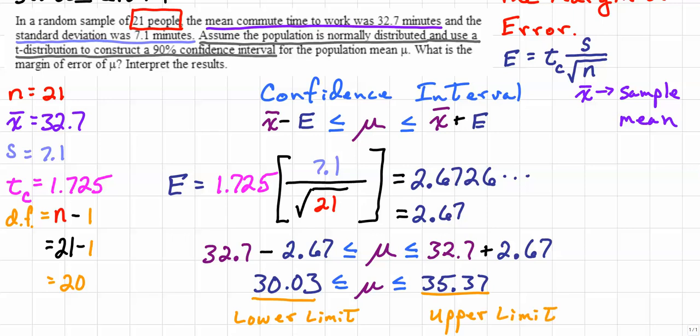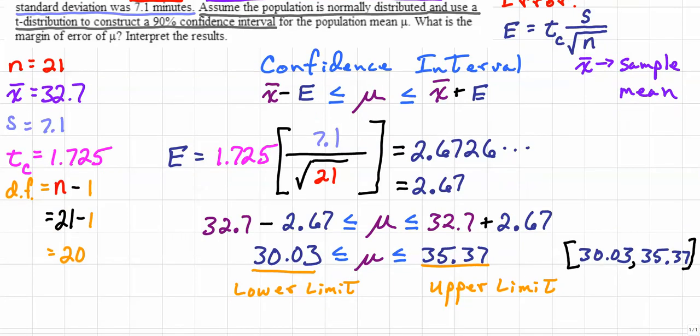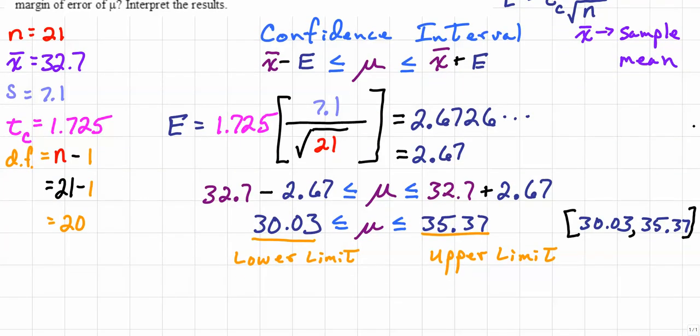The confidence interval can also be expressed in interval notation. So we'll do a bracket and 30.03, comma, my upper limit of 35.37. You have to pay attention to the directions so that you input this correctly, because it may or may not want you to round to 1 or 2 decimal places. In this case, the directions call for 1 decimal place, so the confidence interval would be 30.0, comma, 35.4.